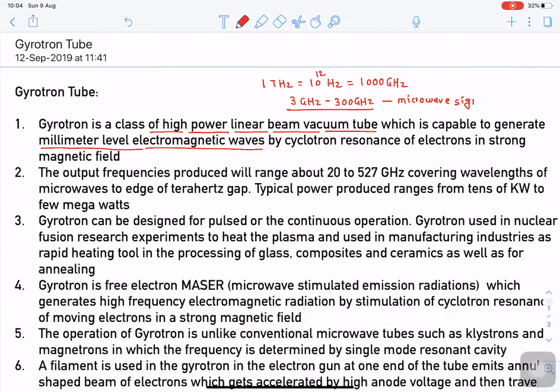Any signal which is greater in frequency than 300 gigahertz will land in a special region we call the millimeter wave region. So any frequency greater than 300 gigahertz, that particular signal we call a millimeter wave.